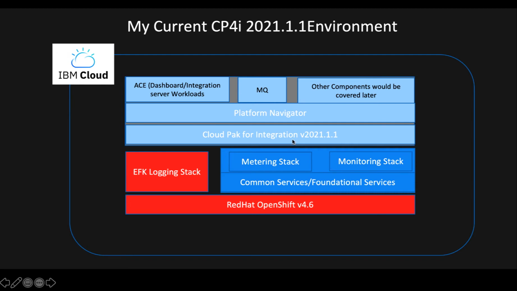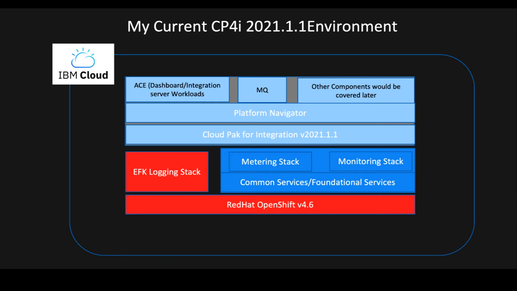On top of that, I have installed the components of Cloud Pak for integration with the Platform Navigator, AppConnect Enterprise dashboard, integration server workloads, and MQ. As of now, I want to park the other components. Maybe we can see other components' migration in later articles.